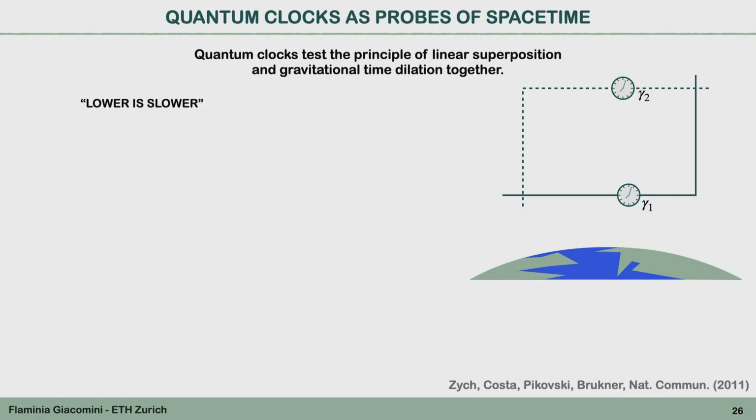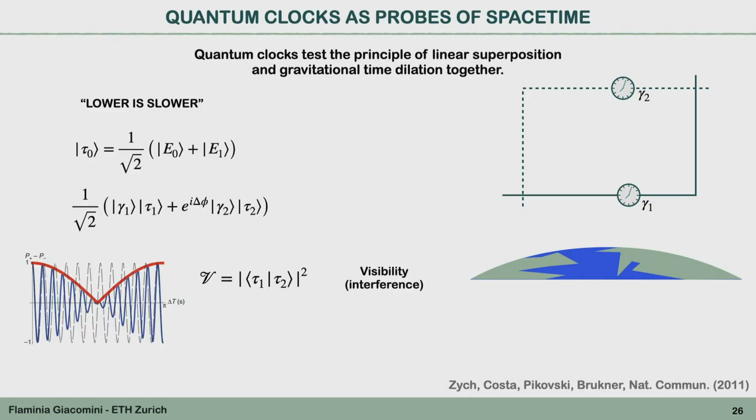So the clock in trajectory 1 ticks more slowly than the clock in trajectory 2, and as we know, it acquires a phase. Then at the end, you trace out the degrees of freedom of the clock and recombine the paths to forget the which-path information. And then something interesting happens: you have a reduction of visibility in the interference pattern at the end of the clock.